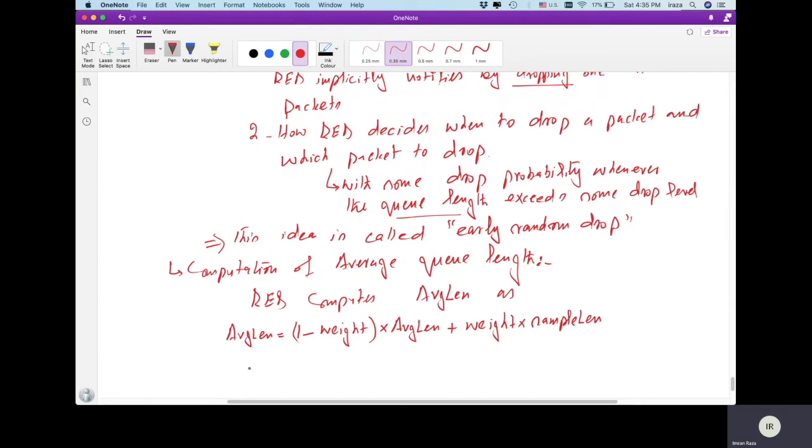In this example, the value of the weight is between 0 and 1, and the second parameter that we are taking into consideration is the sample length, and sample length is the length of the queue when a sample measurement is made.